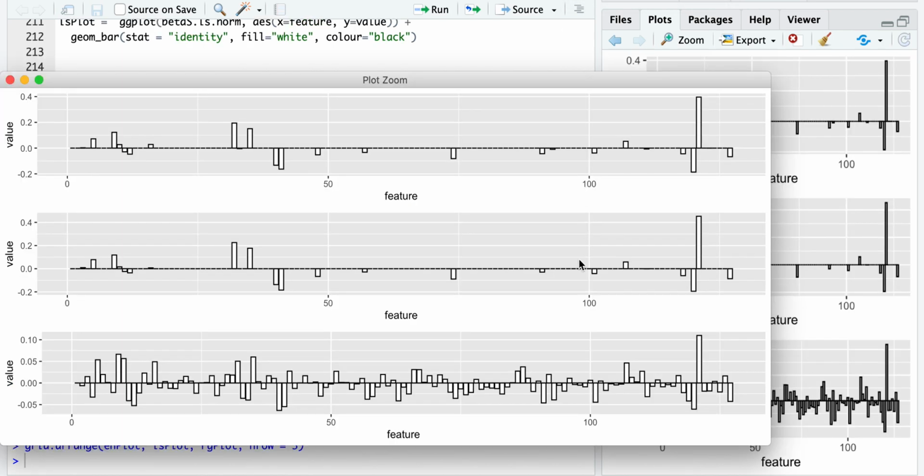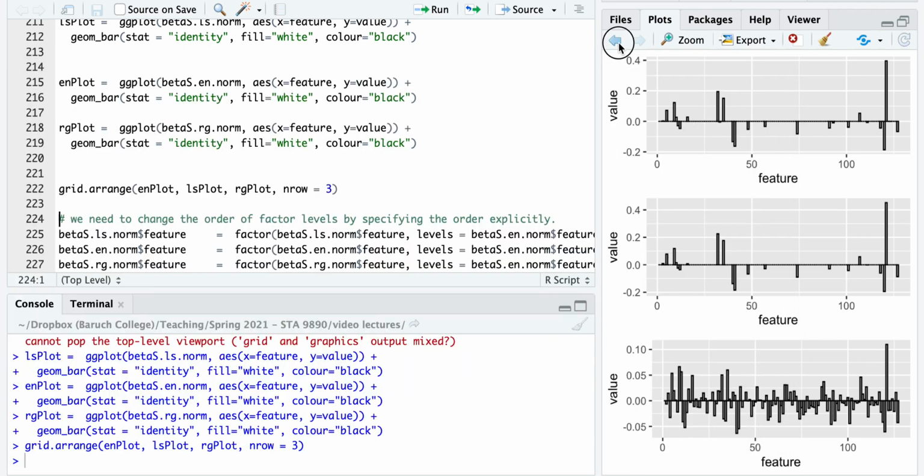So these are now the standardized, the normalized coefficients. These are the coefficients multiplied by the corresponding standard deviation, and suddenly we see coefficients that were not as important. They were important, but at the beginning these were very big, right? Let's just go back.